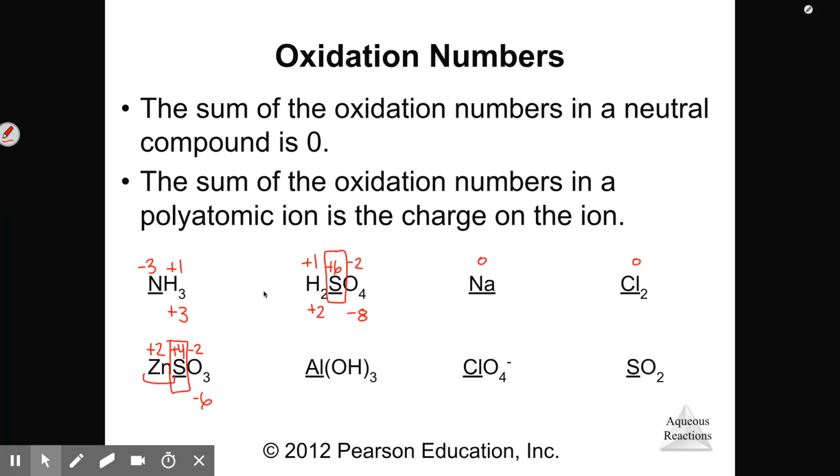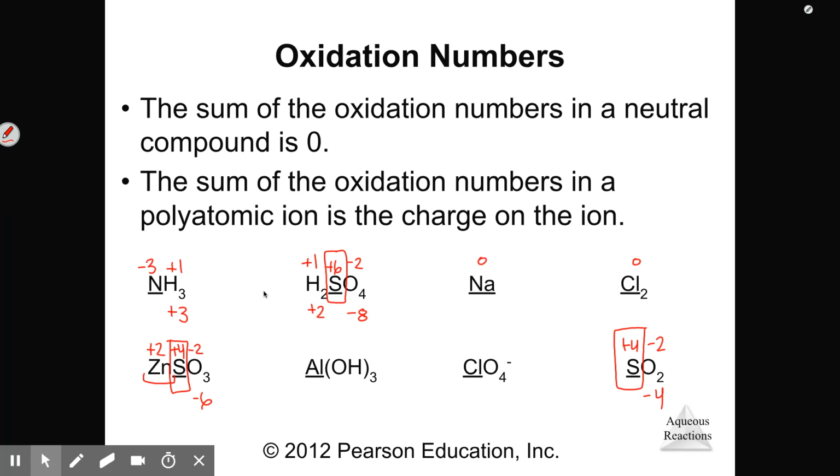Okay. Let's look at that other sulfur one. So SO2, pause the video, try it, and then check your answer. Hopefully you paused it and you realize that each oxygen is -2, so that's a -4 total, which means that this sulfur is also a +4.